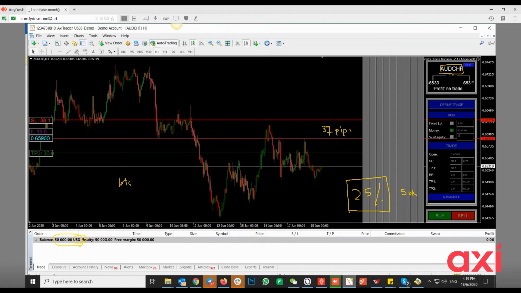So if you really want to risk 2.5%, your lot size is actually 3.12, and that will take you close enough to 1248.96. Just let me ensure that my stop loss is exactly 37 pips. Sorry, I'm just going to move this to 37 pips.